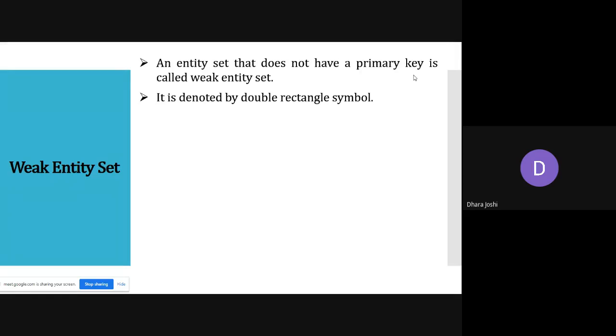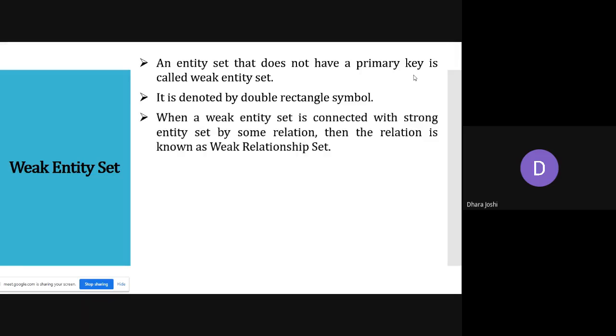If we use a single rectangle symbol, it is an entity, and we can now say it is a strong entity, because till now we did not have the concept of a weak entity. So if you have multiple attributes and none of them is a primary key, then it is called a weak entity set, represented by a double rectangle symbol.